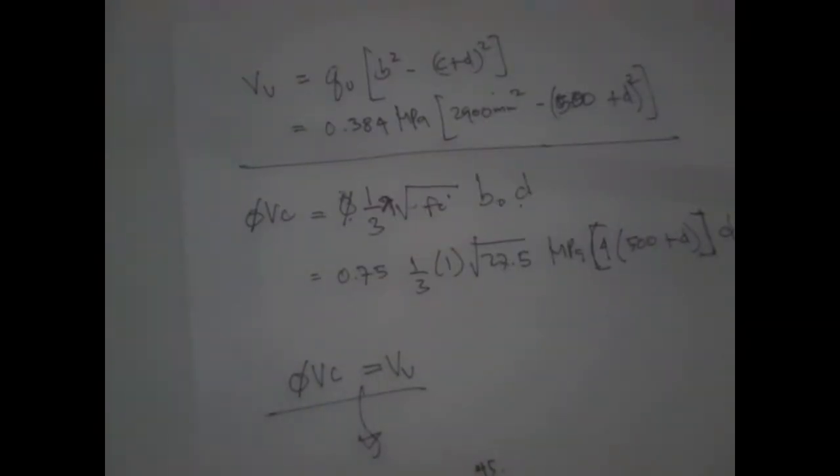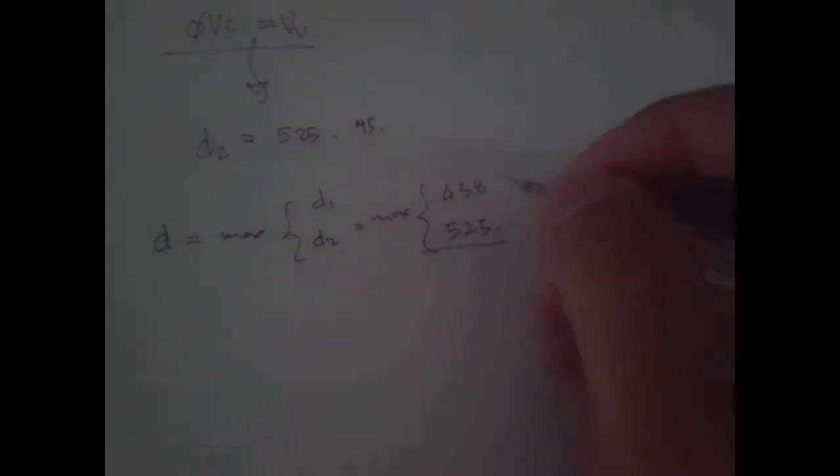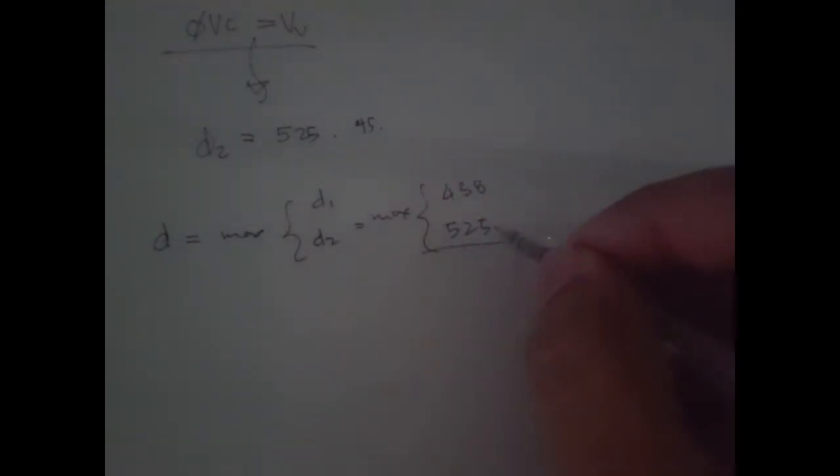Our d1 is 438, and this one is 525.45. So this one governs. Therefore our d is 525 mm.